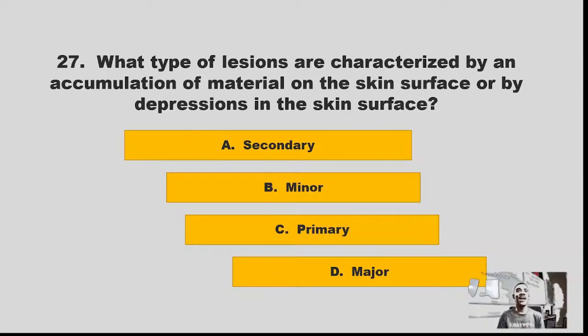What type of lesions are characterized by an accumulation of material on the skin surface or by depressions in the skin surface? Secondary, minor, primary, and major are the answers. What do you think that it is? And if you chose A, secondary, then you are correct. On to the next question.